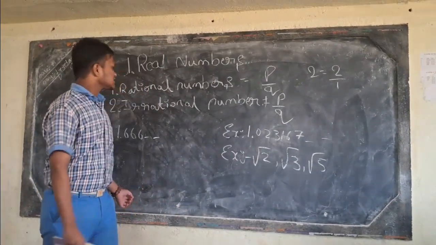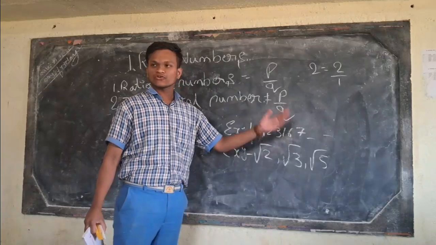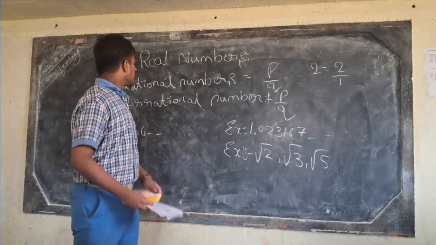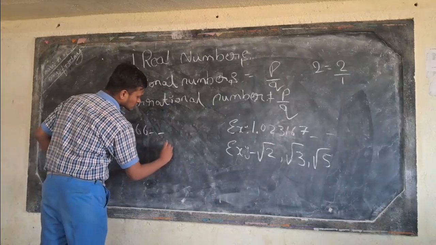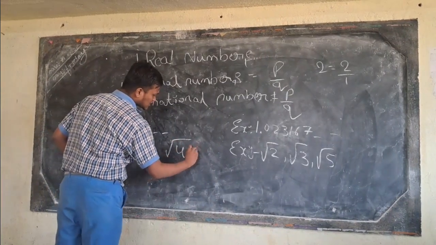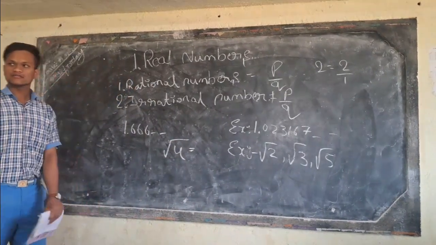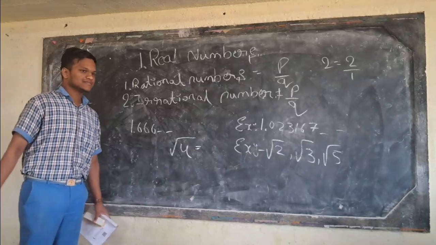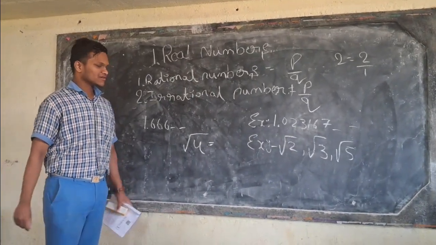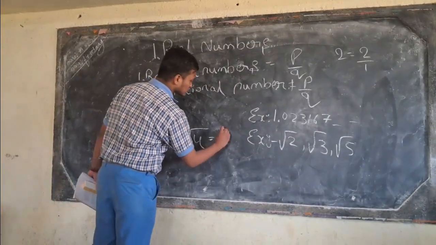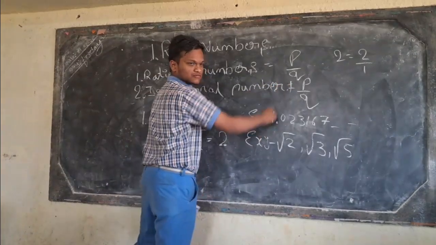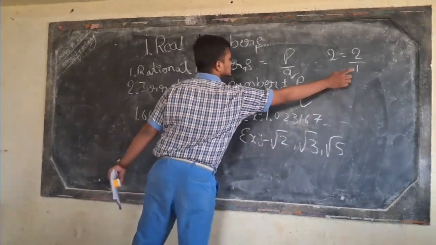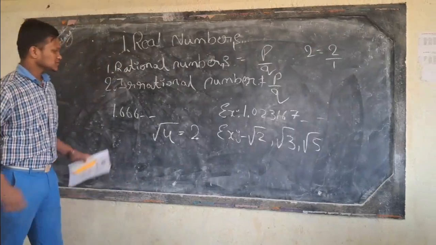They come like 1.022 and so on, so they can be termed irrational numbers. But root 4 is a rational number. Why? Because its value is 2, and 2 can be written in the form of p by q, that is 2 by 1.